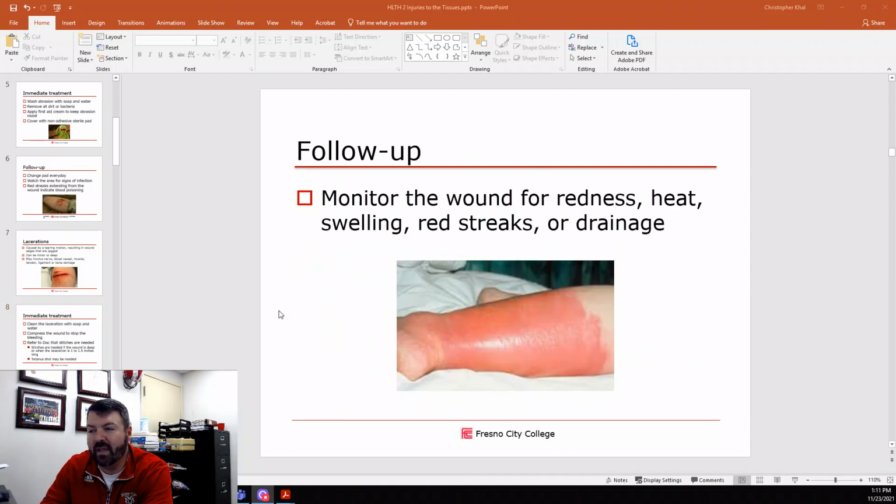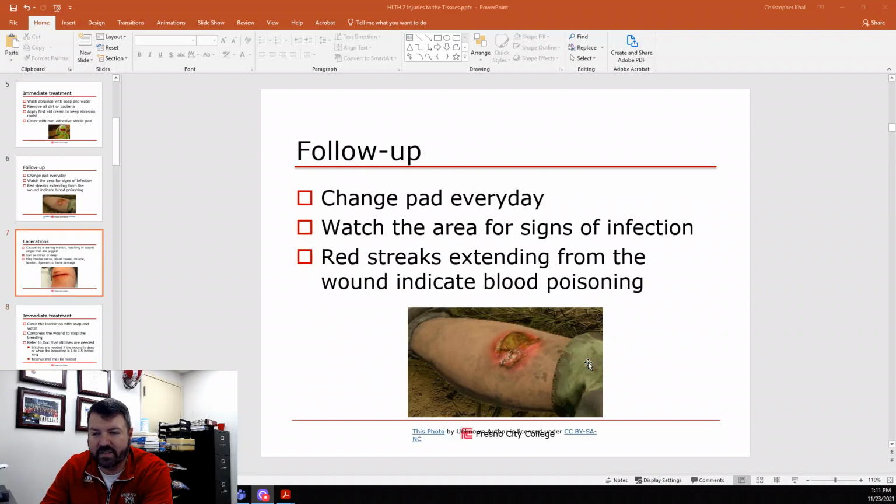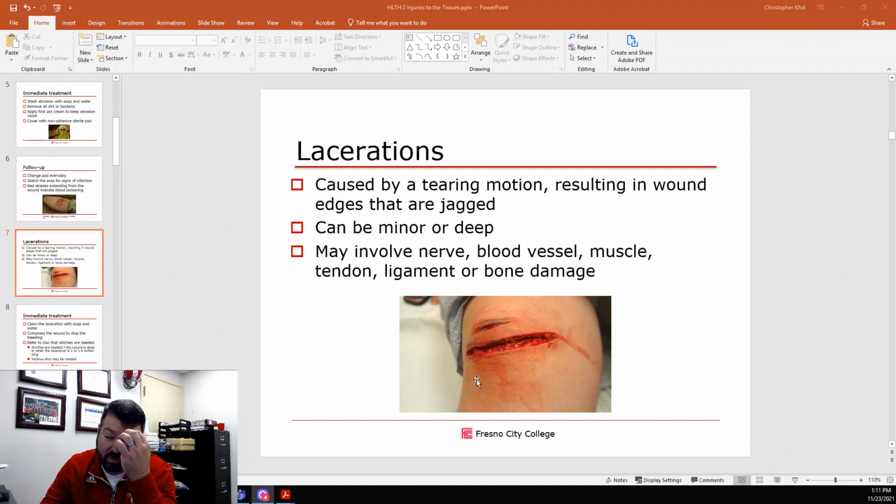Follow-up: you want to make sure there's no redness or heat, swelling, red streaks, or drainage as a result of that. Some drainage can be possible with some injuries like this one or that kind of big avulsion right there. So that can be normal, but you've got to make sure it's appropriate. It shouldn't smell.